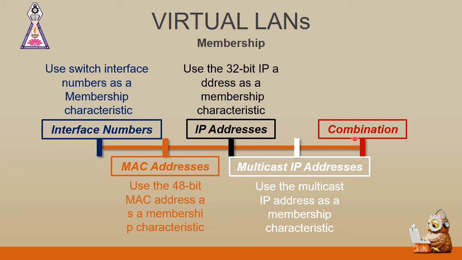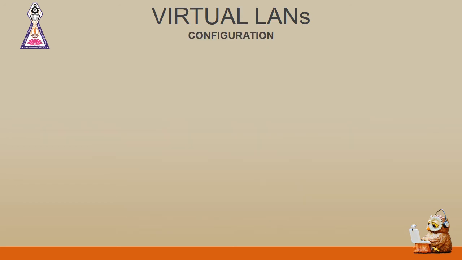The administrator may make use of one or more of these criteria, or combinations of them, while installing the VLAN software. Since it is software, it can be reconfigured any number of times to have the best results. Next we'll consider the second characteristic, configuration.